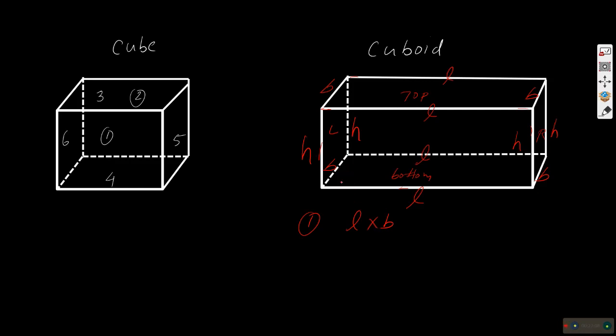So if I name this cuboid in such a way that if I write A, then B, I will use another color so that you can see it differently.